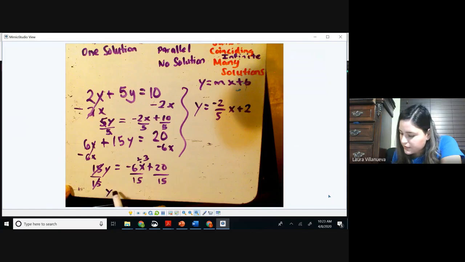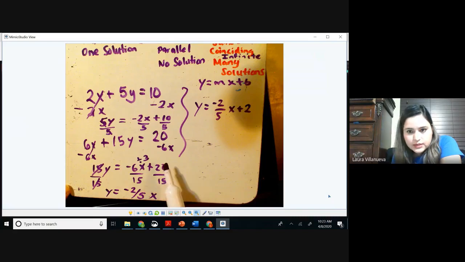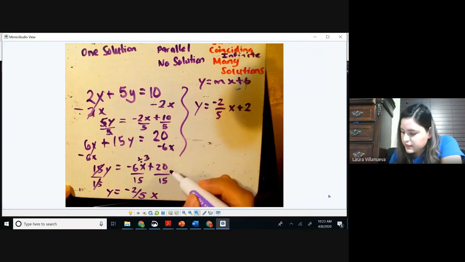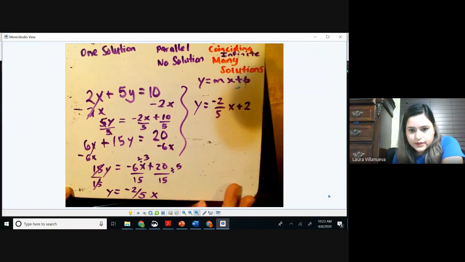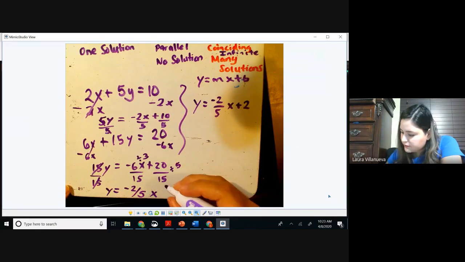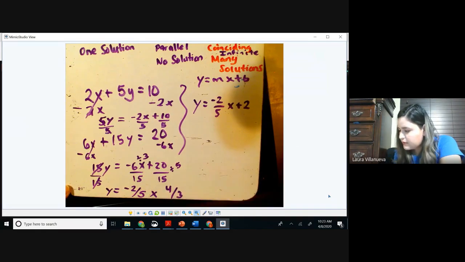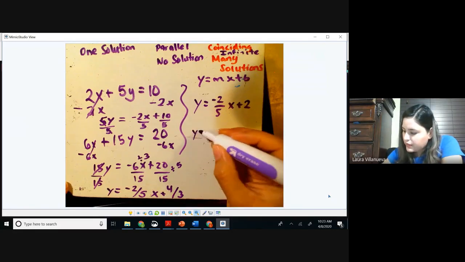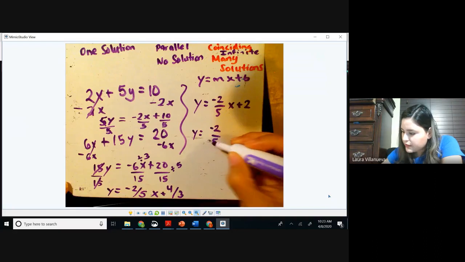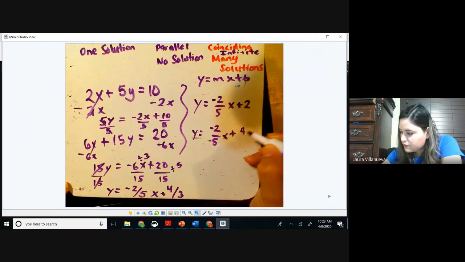So then I have y equals 6 divided by 3 is negative 2 over 5 x. 20 divided by 15, you can divide this one by 5, right? Yes. So this is 4 over 3. And remember, it's positive. So then you have y equals negative 2 over 5 x plus 4 over 3.